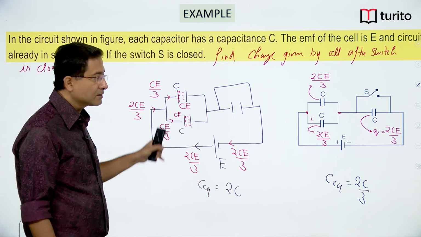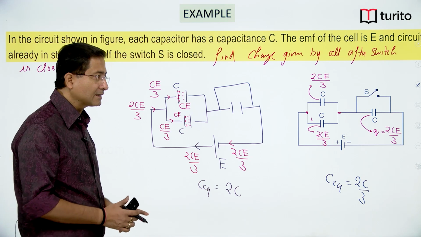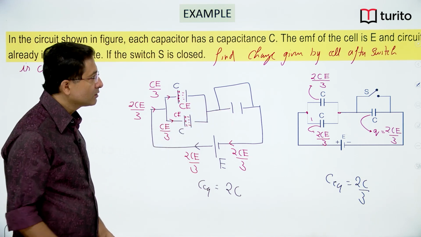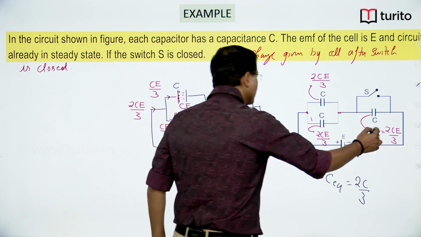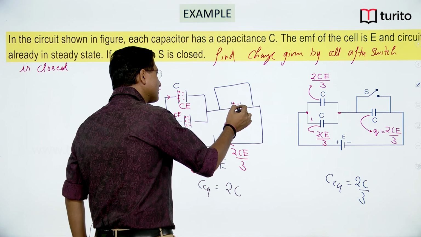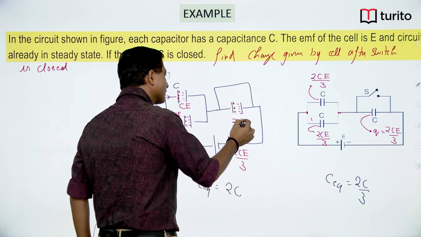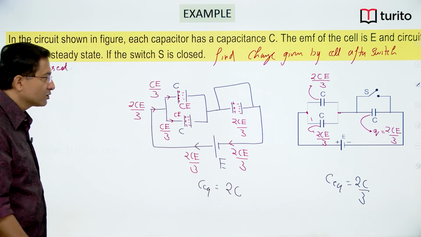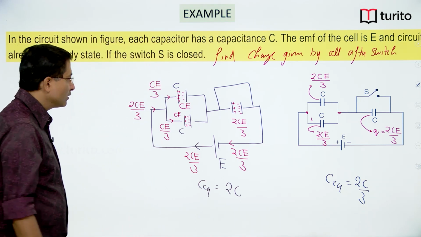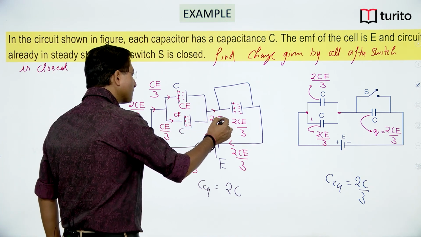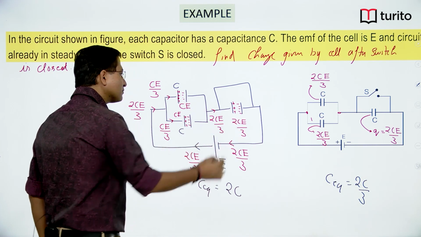Along with this process, there was one more process happening simultaneously, the discharging of this capacitor. So this capacitor had 2CE by 3, this capacitor had 2CE by 3, and that must also become 0 because it is short circuited. So if this is 2CE by 3, here it is 2CE by 3 and this charge must become 0.